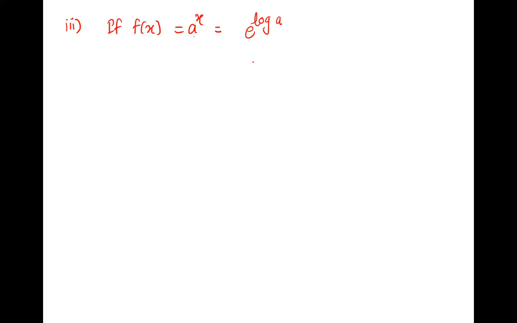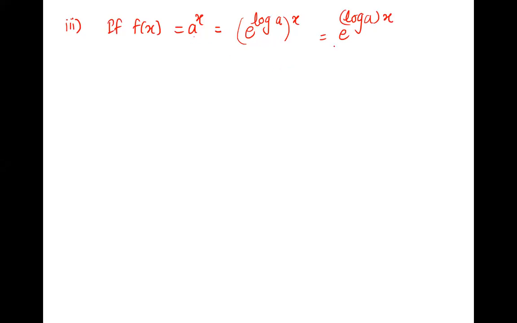So whenever it is, either you can write log of E raised to something or E raised to log of something. So this A can be written as E raised to log A, that raised to X as it is. These two are multiplying each other, so it is E raised to log A X. Is it now converted to E?